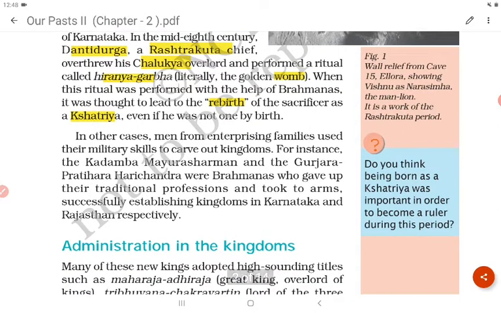In other cases, men from enterprising families used their military skills to carve out kingdoms.